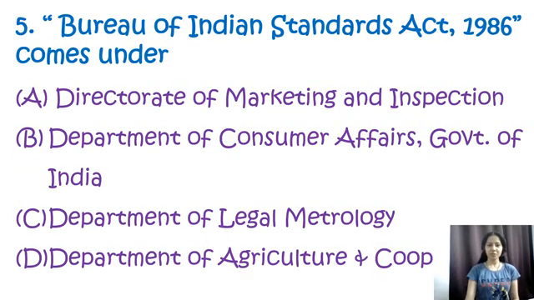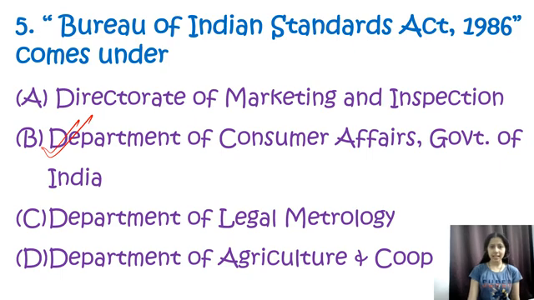Question number 5. Bureau of Indian Standards Act 1986 comes under: options are Directorate of Marketing and Inspection, Department of Consumer Affairs, Government of India, Department of Legal Metrology, or Department of Agriculture and Cooperation. So my correct option will be B, that is the Bureau of Indian Standards Act 1986 comes under the Department of Consumer Affairs, Government of India.